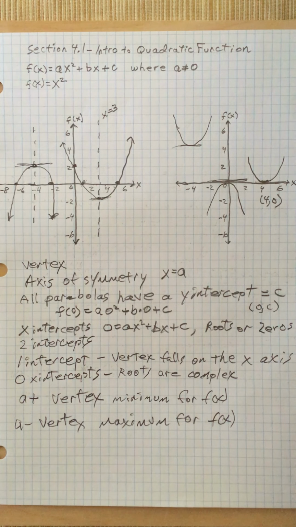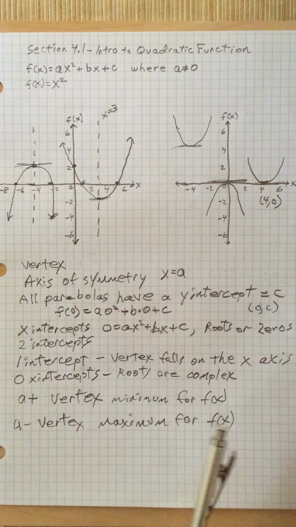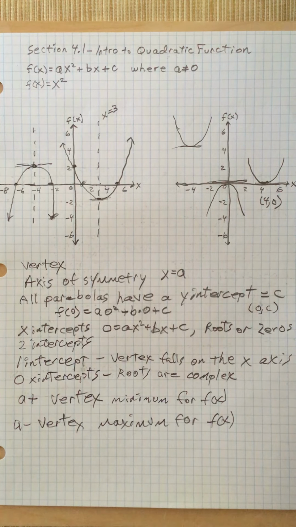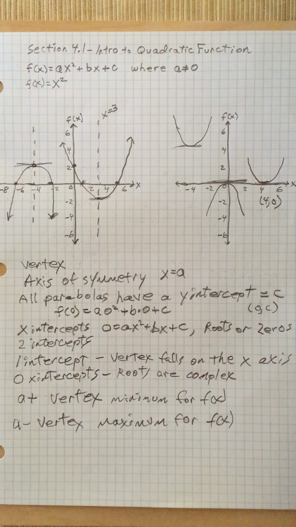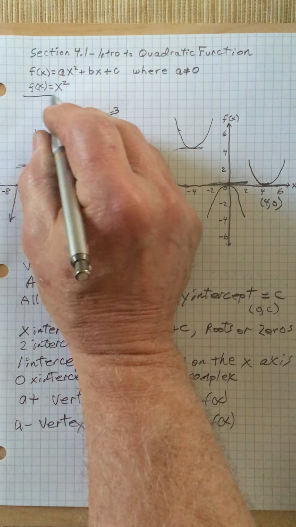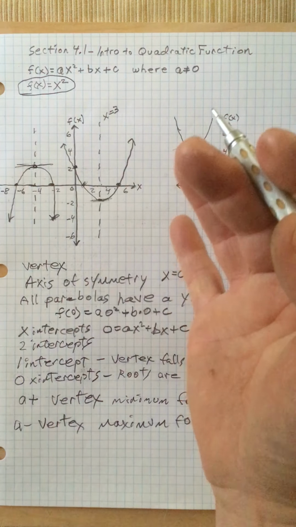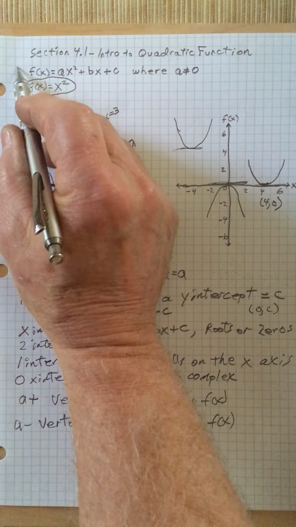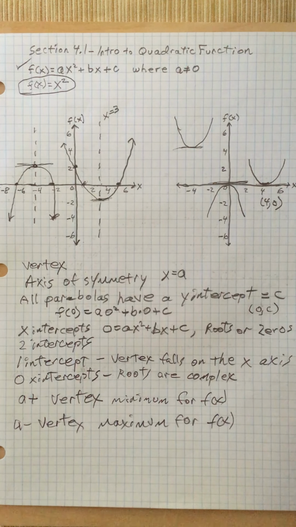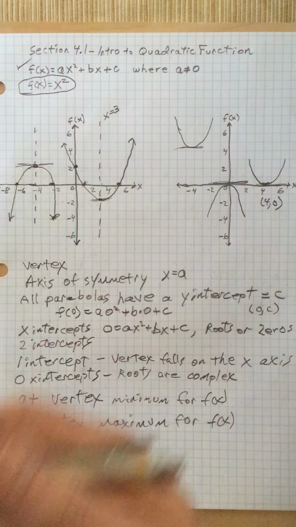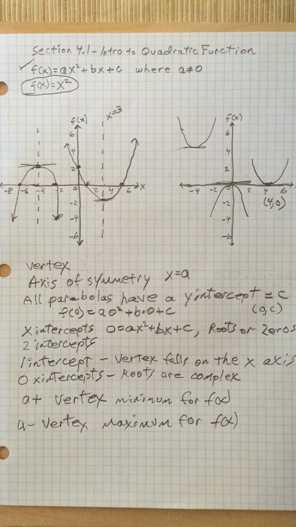Okay, so in our next section, we're going to learn some techniques on how to graph these things. We actually did some stuff in 3.1. In 3.1, we started with the basic function, and then we applied transformations. But we can go right from this equation here and get the points we need to sketch a parabola without having to do all the stuff we did in 3.1.